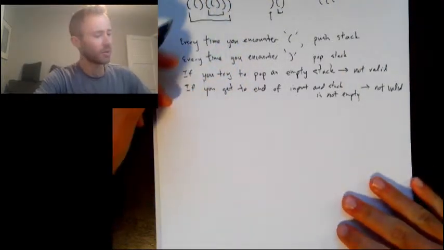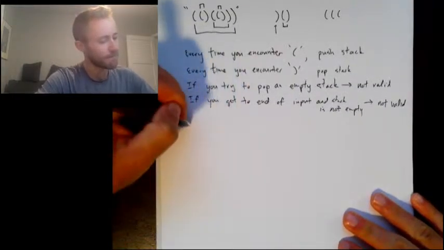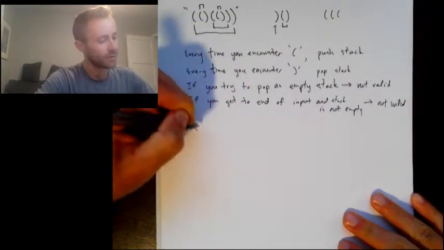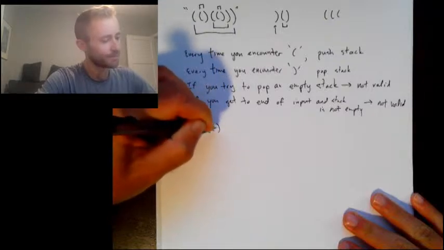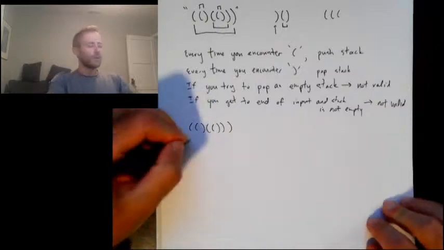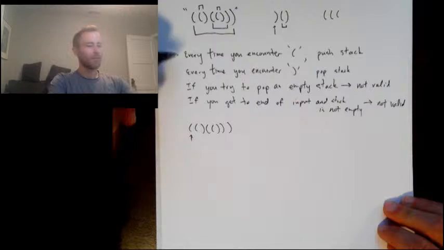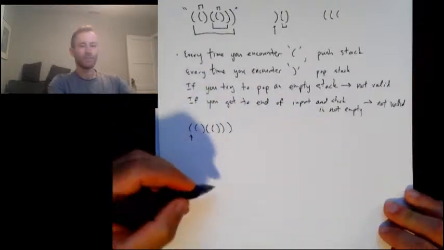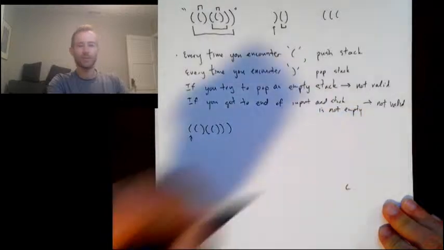So let's see how that works with this statement right here. Let's suppose that this is my input. Going to the first character, that is one of these, so I push the stack. Here's my stack, with this on the bottom.